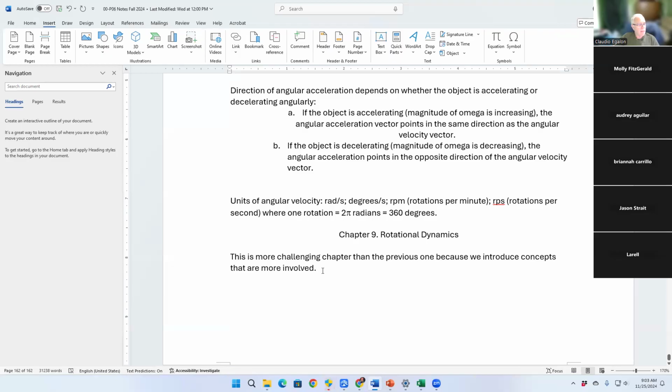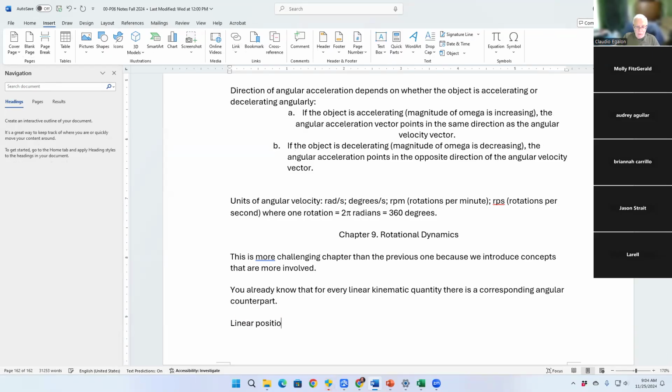So you already know that for every linear kinematic quantity, there is a corresponding angular counterpart.